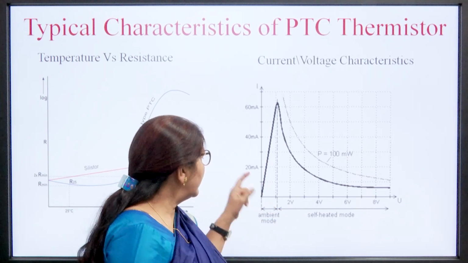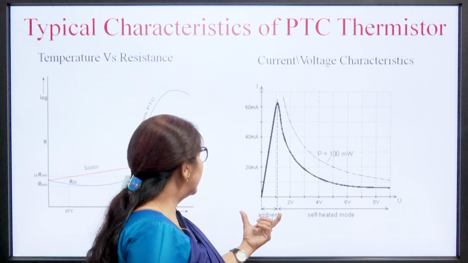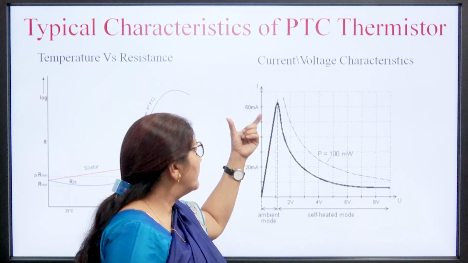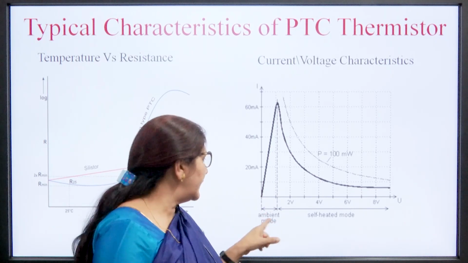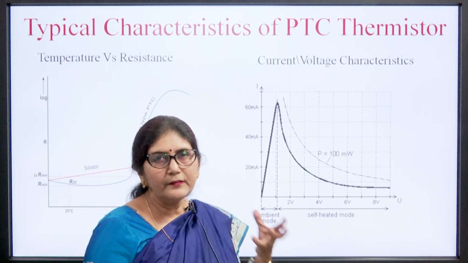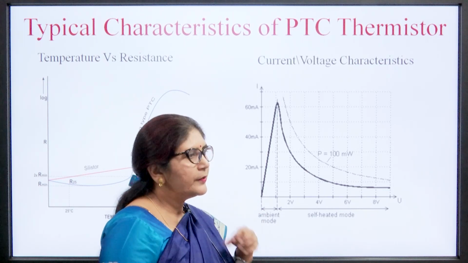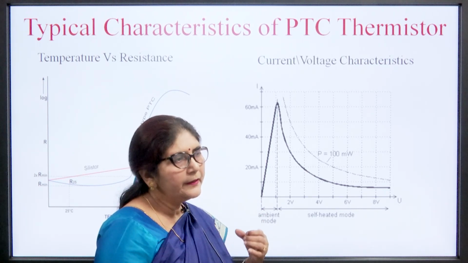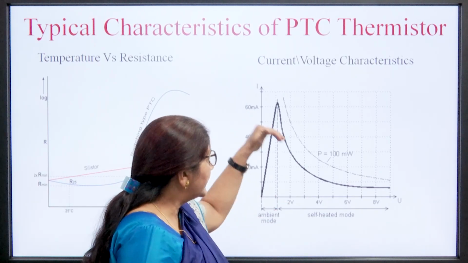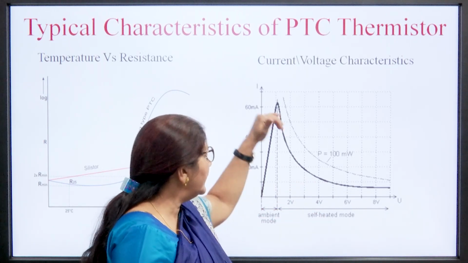Then as the voltage drop increases, the current increases sharply, but after the ambient temperature the thermistor is in self-heated mode, meaning when we increase the current, the thermistor gets heated, and its temperature increases. When temperature increases, its resistance also increases. Since resistance increases, the current decreases.